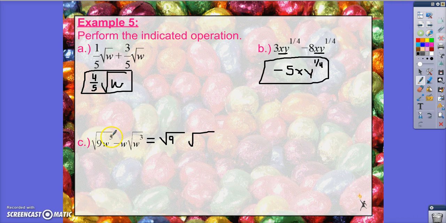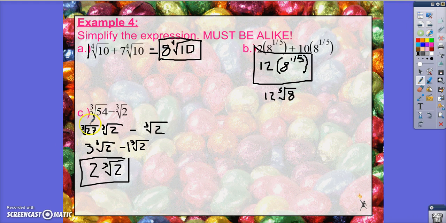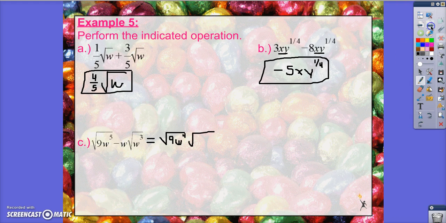So I have 2, 4. I have 4 w's that will go in this first one. This first root is all my perfect squares. What's going to get rid of the root in the end? Just like if we go back, 27 is a perfect cube, it got rid of the root. So you're trying to split it up into 2 parts here. Now what's left over? If I had 5 w's, 4 go here. Well, doesn't that mean that we have 1 left over in the other root?